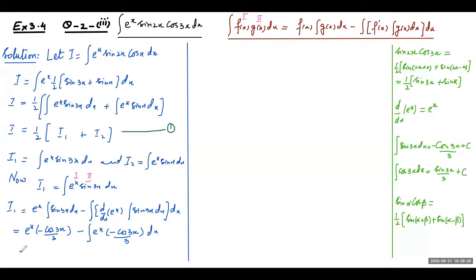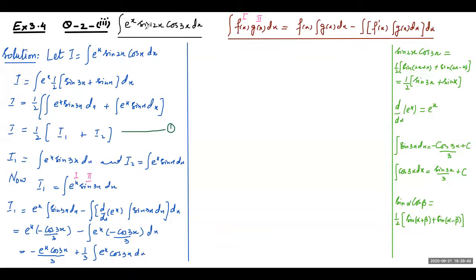Now open up these brackets and you will get minus e^x cos 3x by 3. This minus comes outside and the 1/3 comes outside, and minus becomes plus, and we get 1/3 integral e^x cos 3x dx.